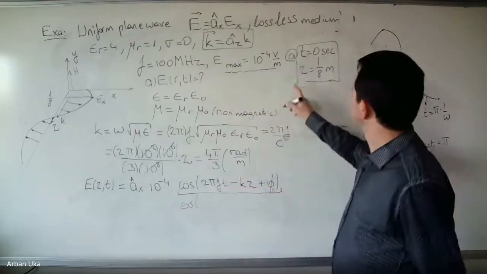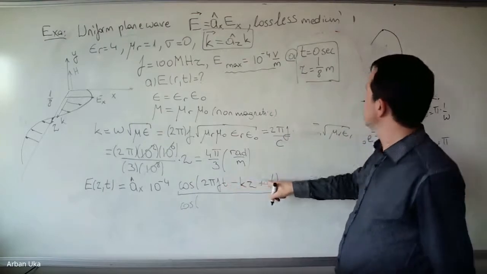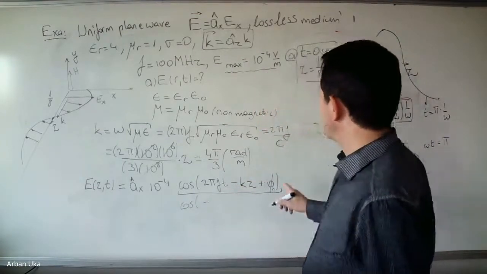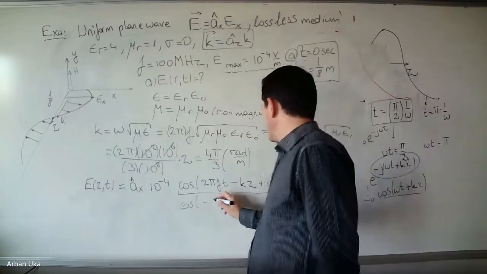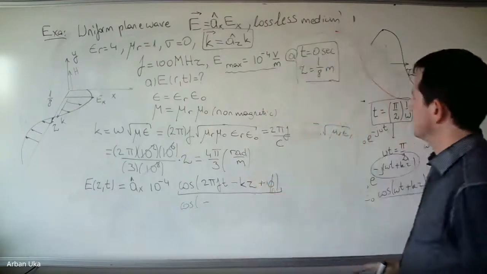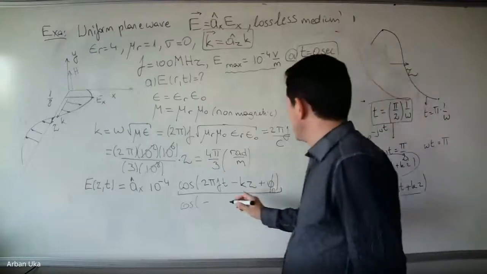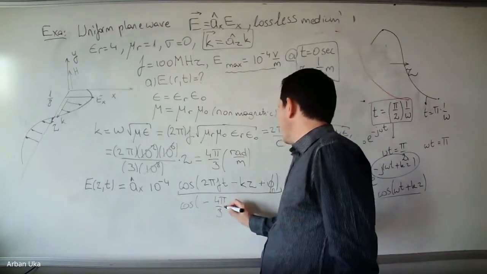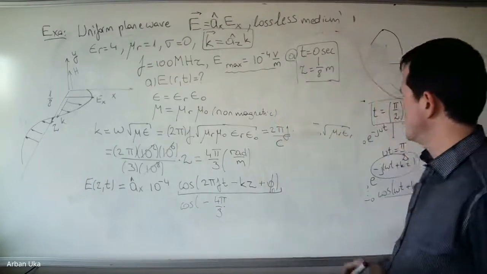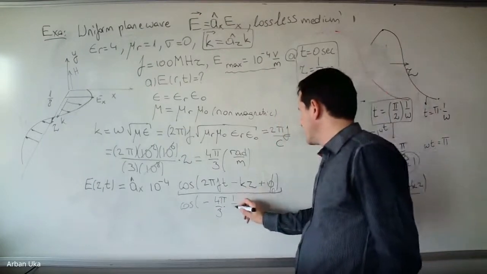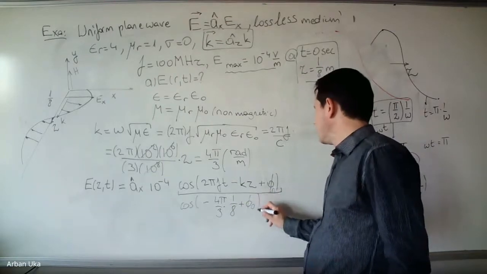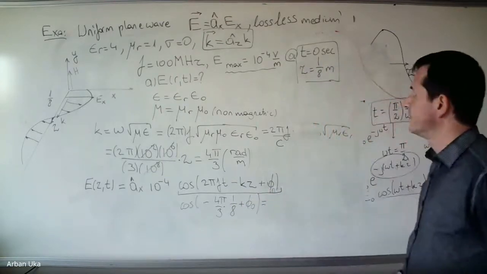If we put t equal to 0, this whole thing will be 0, minus kz, minus 4 pi over 3 times z, which is 1 over 8, okay, plus phi 0.